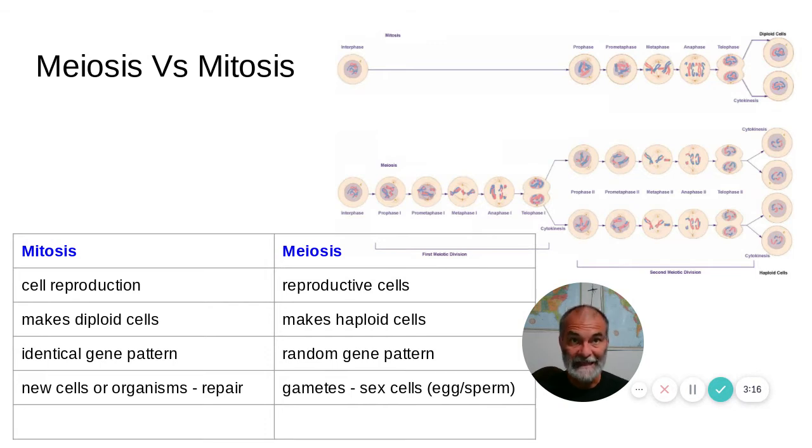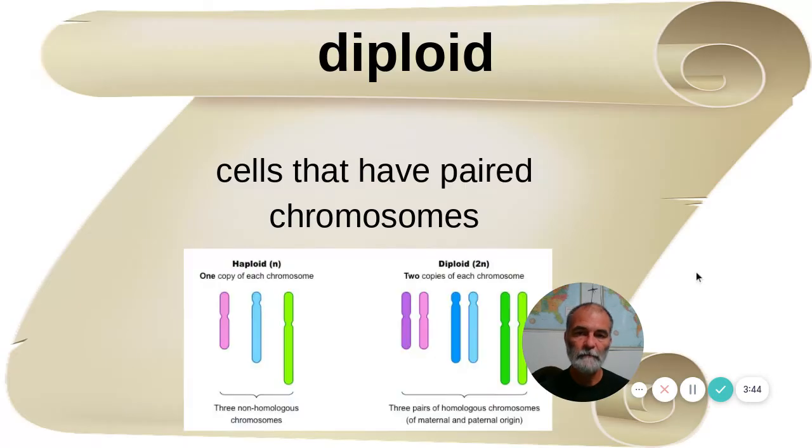Mitosis forms an identical gene pattern in the new cells, and meiosis could get a random pattern. The genes are not necessarily pulled all to the same of the four cells, so some cells might have different information from the others. And finally, mitosis makes new cells or new organisms, and its purpose is for repair. Meiosis forms gametes, and its purpose is the sex cells, the egg and the sperm.